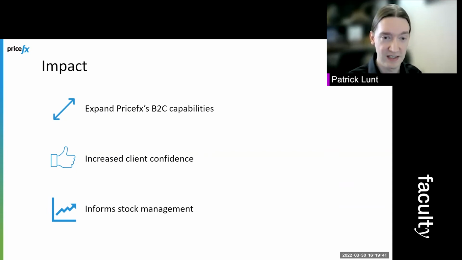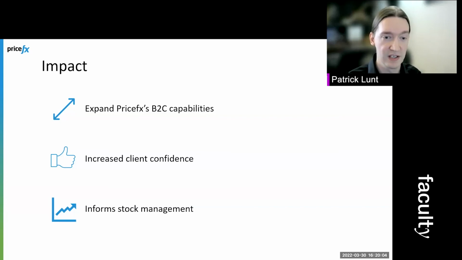One of the reasons that their customers are so interested in this is because if you know how sensitive your products are to changes in price, then you can more confidently experiment with your prices. You know that if you change your price by a certain amount, it's not going to drop your demand through the floor immediately. And so you can go into it with more knowledge of the situation.